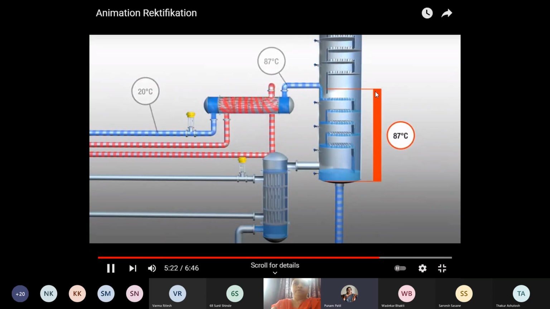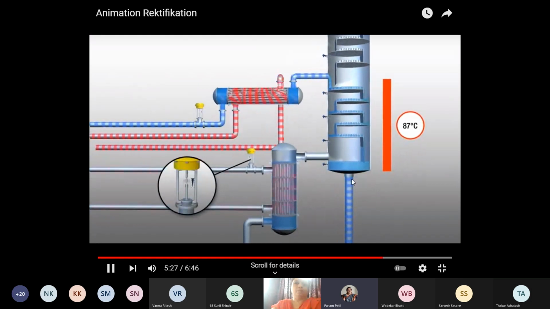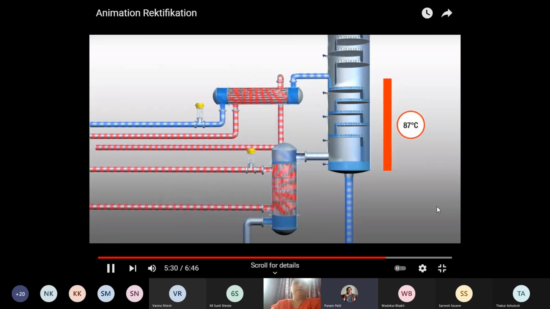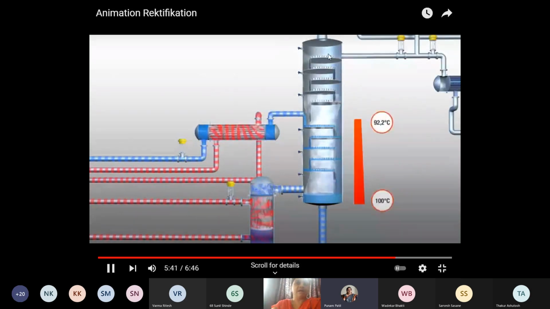Here, if you observe, this is the stripping section. Feed is added, simultaneously the bottom product is heated, boil-up is added, then you will get the vapor, that vapor gets condensed, reflux is added, and the process continues.